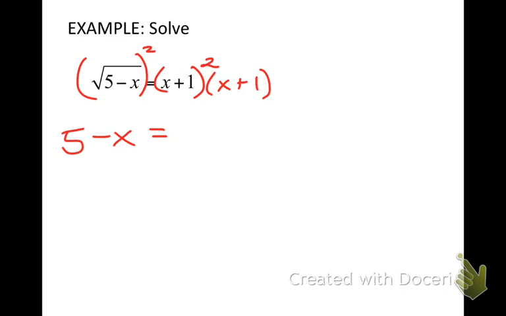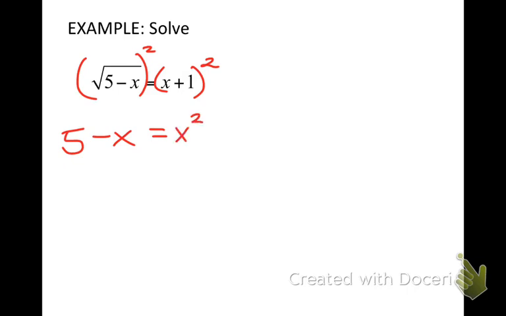Can I show you a quick shortcut of what I do mentally? Our habit is just to square the x and square the 1, but we always forget about the middle term. My first term will be x squared.